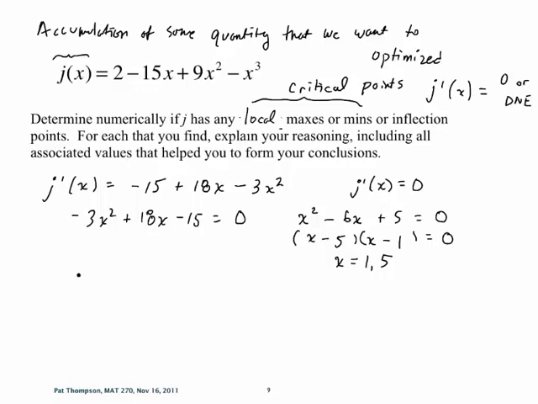Remember, local max. Rate of change of J. So if this is the rate graph, and we have some critical value, if it's a local max, what will the rate be like?